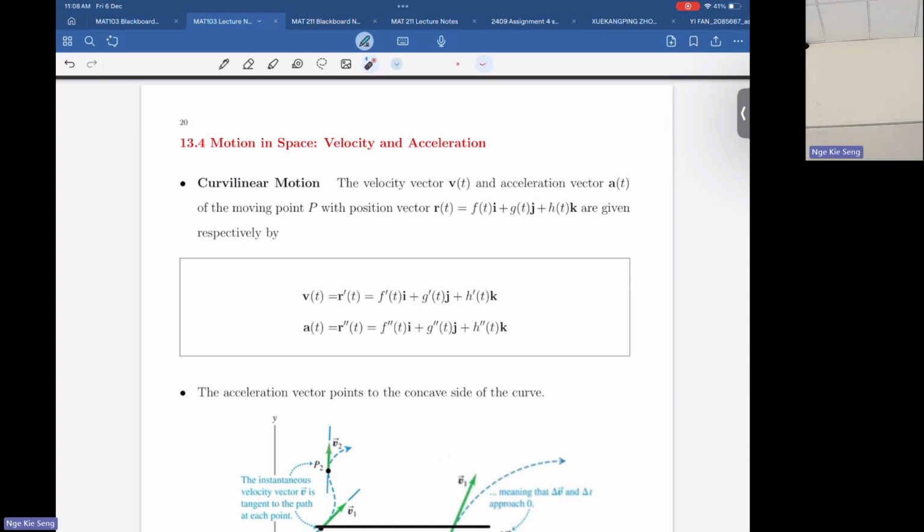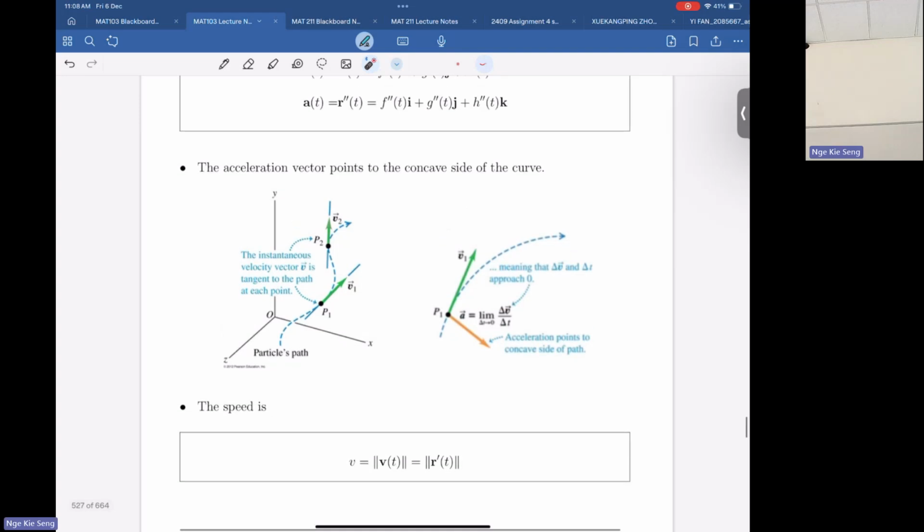There are concepts that we have been talking about: if you take the length of your velocity vector or the tangent vector, it is the speed. So what's the difference between velocity and speed?